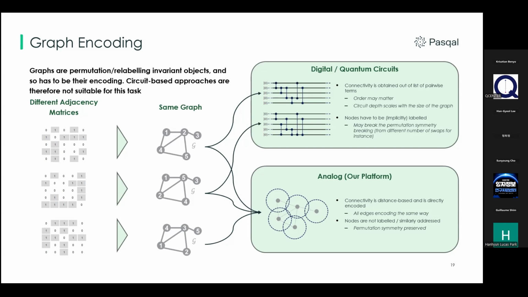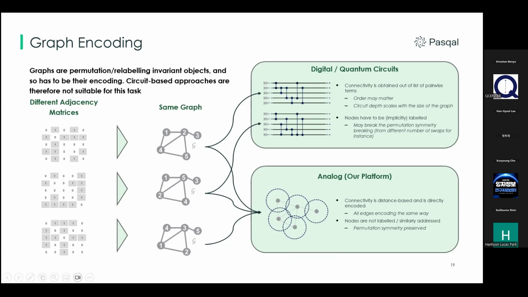This representation typically involves what we call the adjacency matrix. So for your graph, you associate a matrix that indicates which nodes are connected with which other nodes. However, the issue with this is that this matrix representation depends on how you have labeled your graph, how you have designated the different nodes.